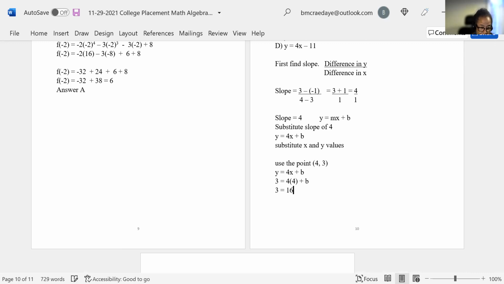equals 16 plus b. Okay, so what would b be equal to, Maureen? How would you solve for b? b will be 1.